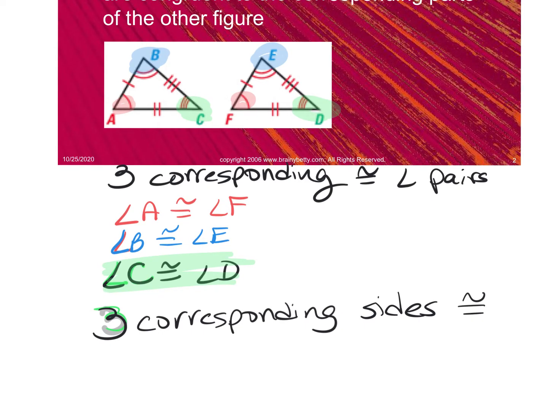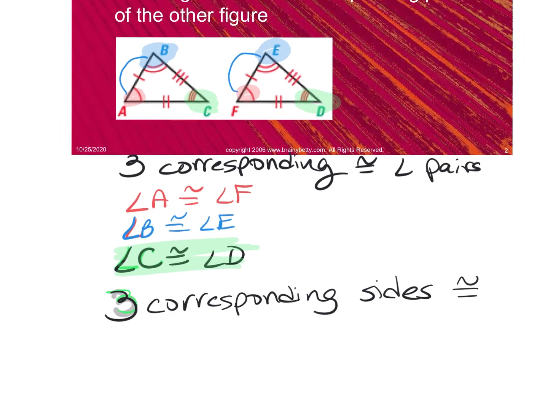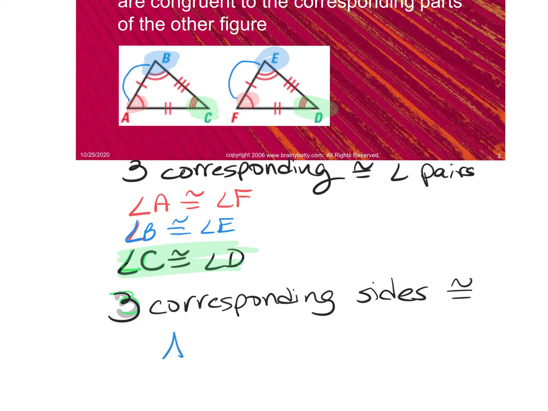So I'm going to look at the markings. So notice over here where I'm going from A to B, that's got the single mark. And same thing here from F to E. So that'll be my first statement that AB is congruent to FE. They both have the same markings.